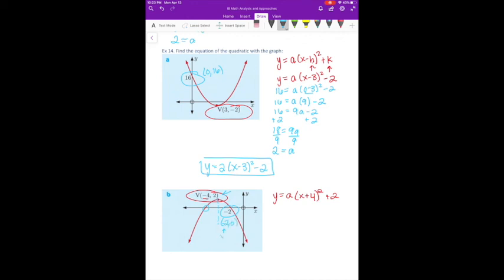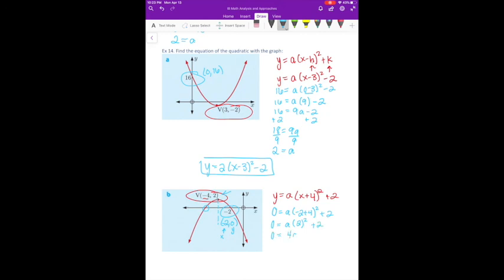So I'm going to plug in negative 2 for x and 0 for y. So I get 0 equals a times negative 2 plus 4 squared plus 2. 0 equals a times negative 2 plus 4 is 2, squared, plus 2.